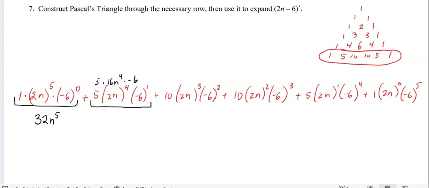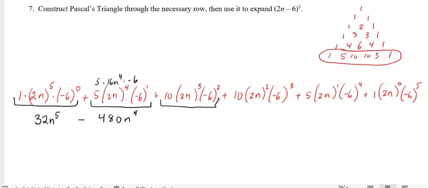So might want a calculator for this. 5 times 16 times negative 6, and that's negative 480. So this second term is going to say minus 480 n to the 4th.